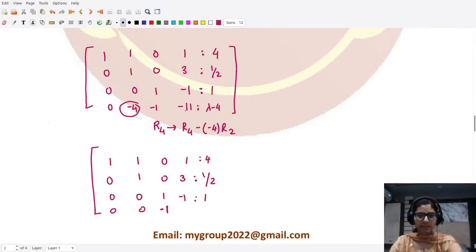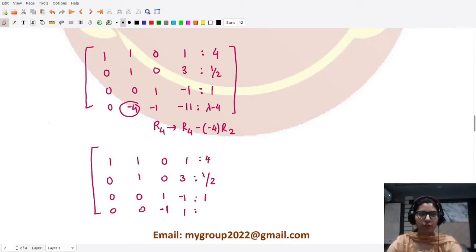Next element is minus 11, then you have minus 11 minus of minus 4 of R2, that is 3. So you have minus 11 plus 12, so you have plus 1 here. And lastly you have R4.